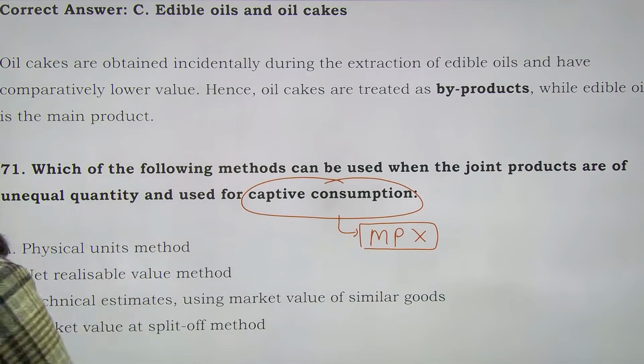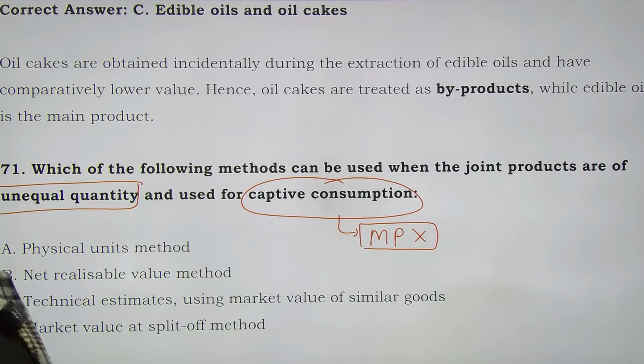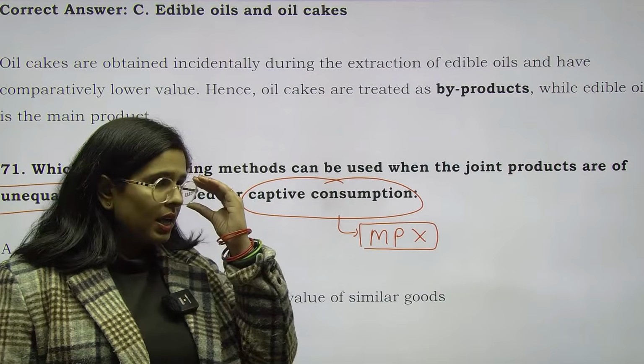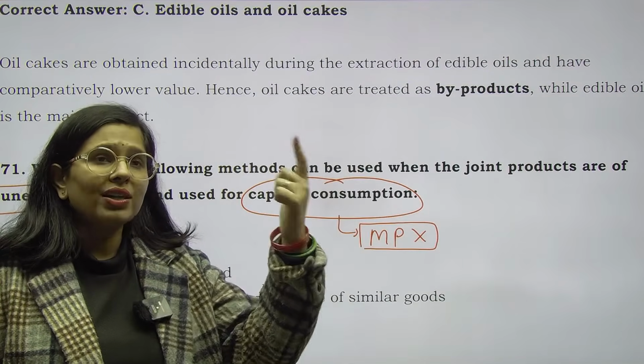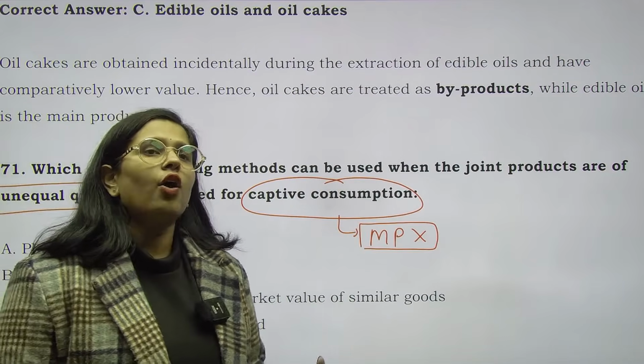The second problem is that they are of unequal quantity. Unequal quantity का मतलब क्या होता है? That means suppose one's quantity is very high and the other one is low.